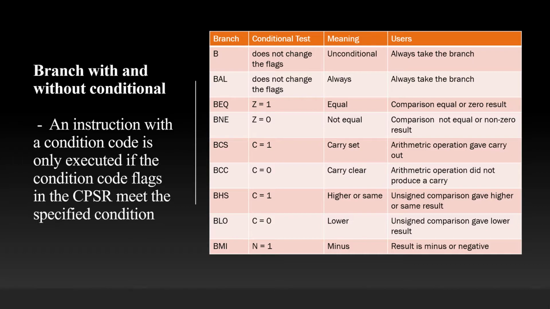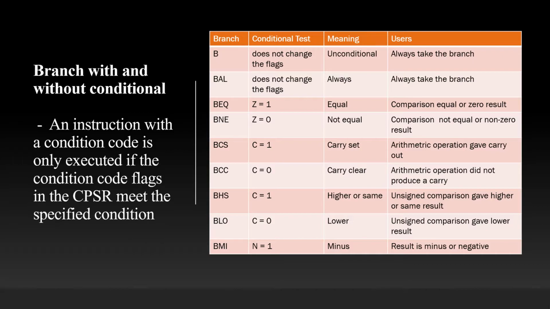It means that, let's say, instruction number 3, BEQ. EQ means the condition equal. After we compare the result and before the branch is taken, we must confirm that our flag value Z must equal 1.